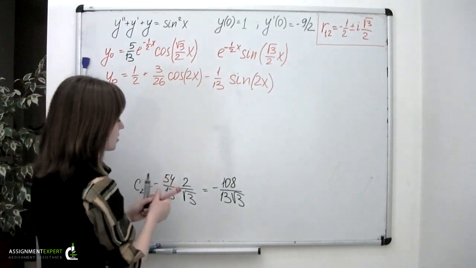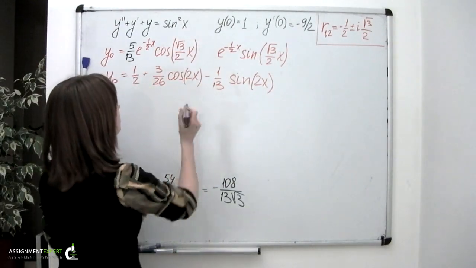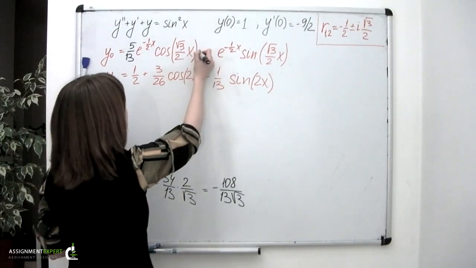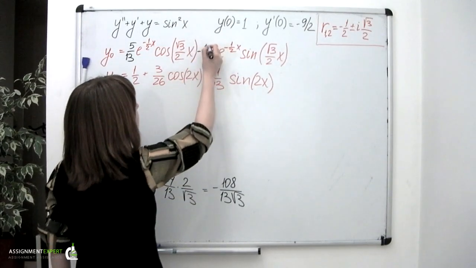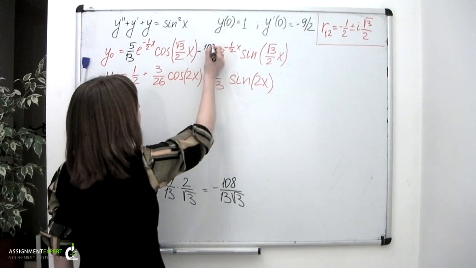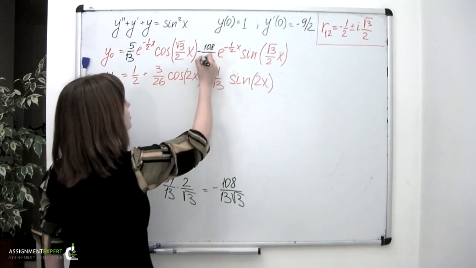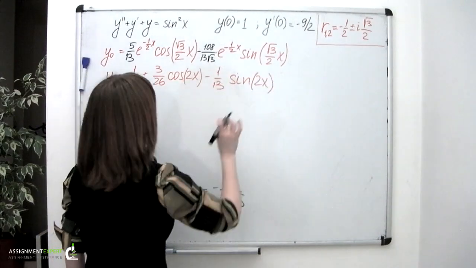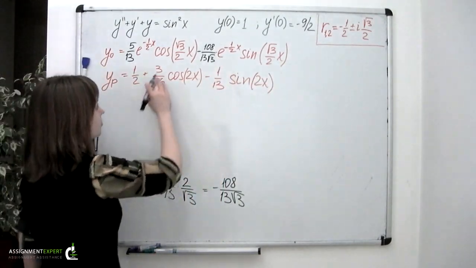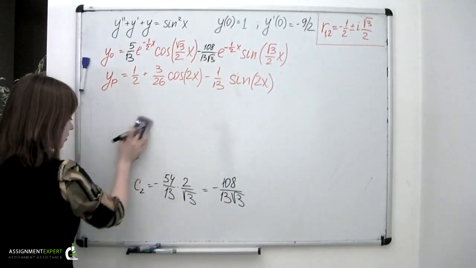Since the constant is a negative number, this plus right here turns to minus. And here we have 108 divided by 13 times the square root of 3 multiplied by the whole thing, by e and the sine.